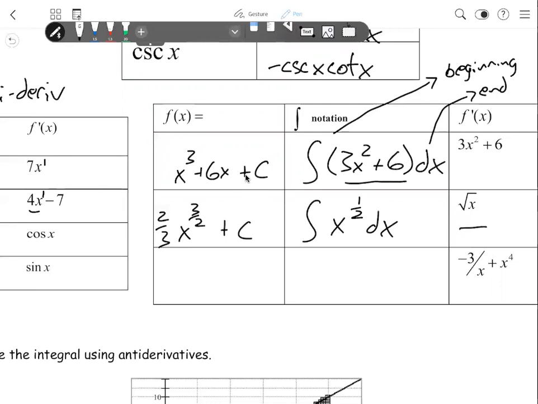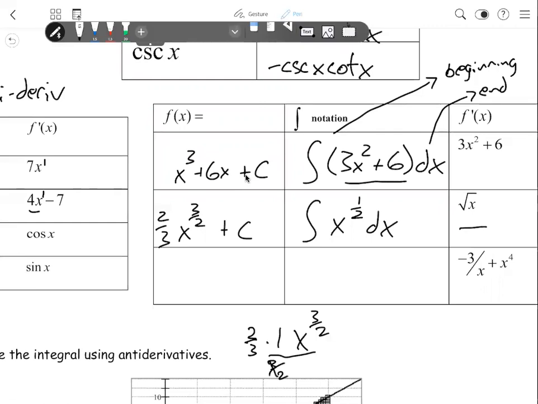Question: can you go over how you multiply by 2/3? Yes. Okay. So I have x to the 3/2, and then I need to divide by the new exponent. So I have 1 divided by 3/2. And when I divide by a fraction, that is the same as multiplying by the reciprocal.